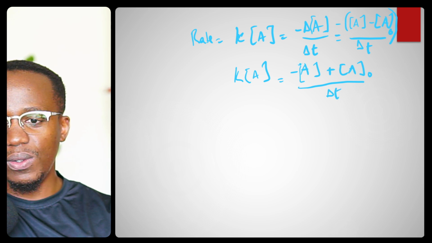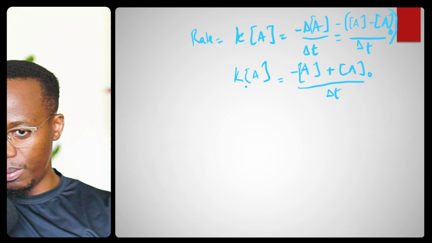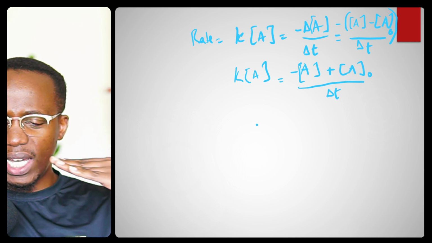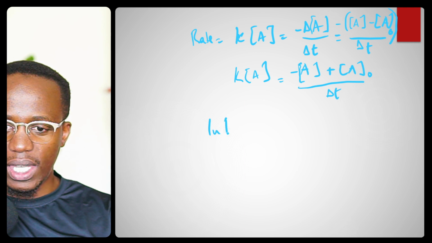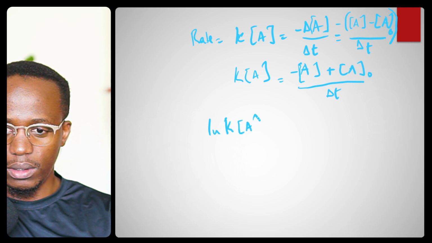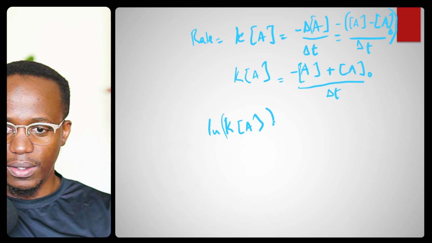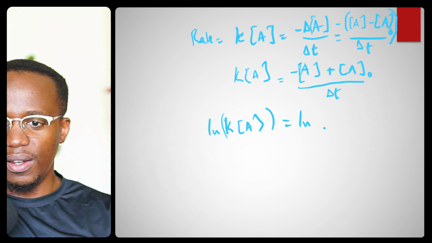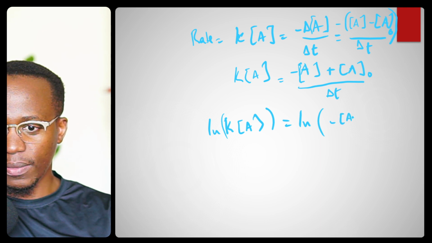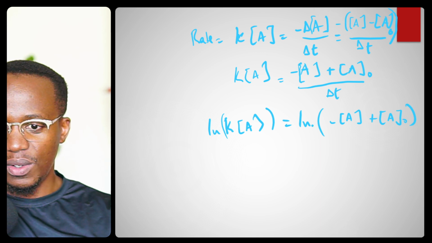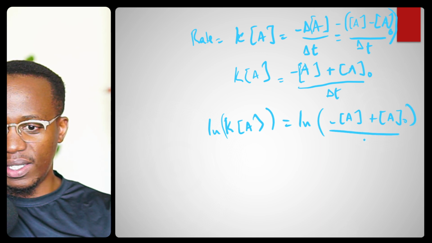Again, we're going to apply natural logarithm for these so that we can make it one line, make it linear instead of a fraction. So ln of k[A] is equal to ln of negative [A] plus [A]0 over Δt.